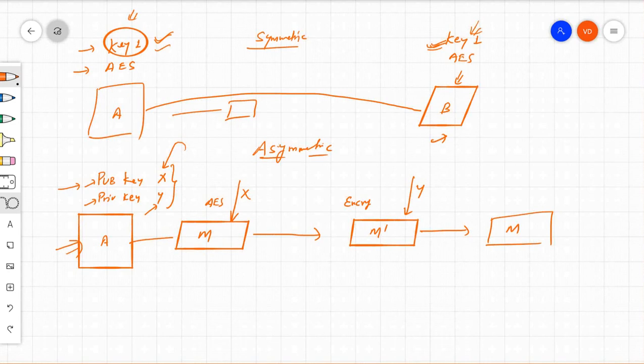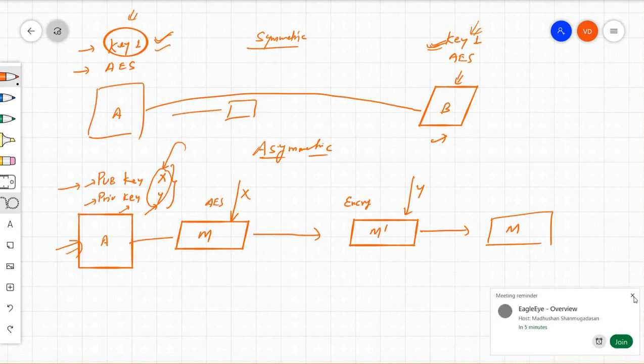X and Y. If I encrypt a message with my public key, X, anybody can decrypt it using my private key, right? Or vice versa. If I encrypt a message using private key, anybody who has access to my public key would be able to open it, right? So there is a relationship between these numbers. But yes, any other number would not be able to decrypt your messages.